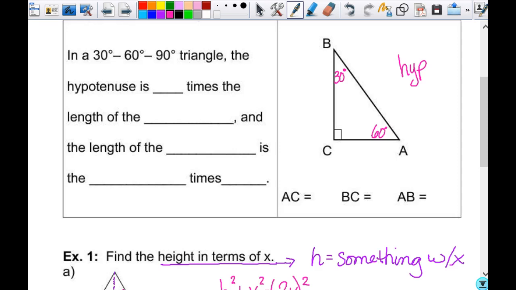So let me ask you the question a little bit differently, because it may be the way I asked it. Okay, how do I know which one is the shortest leg? How could I figure that out? Okay, the smallest degrees tells me what, though? Because the degrees is an angle. So how does that relate to a side? You're on the right track.